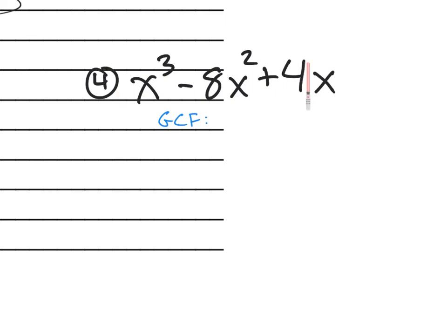So no number for our GCF, but they do all have a variable term. So we will be taking out the smallest power variable, that's x. So our GCF is only x in this one. So factored form, x, the GCF, times, and now we're going to divide each of those by x. So we'll have x squared minus 8x plus 4.